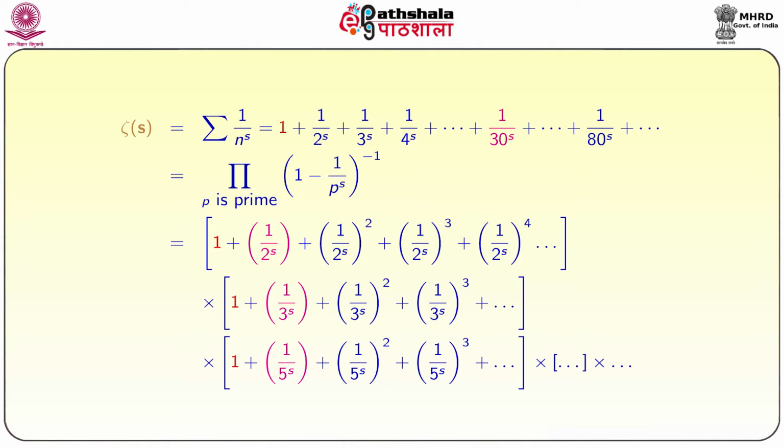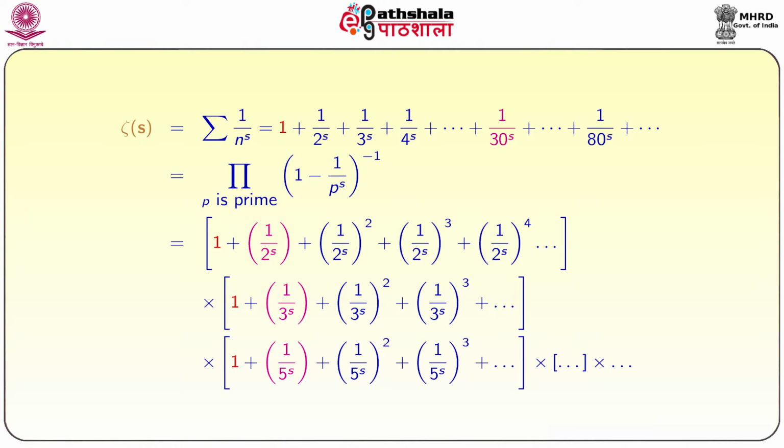Then, let us look at 1 by 30 power s. 1 by 30 power s can be obtained by multiplying 1 by 2 power s, 1 by 3 power s and 1 by 5 power s. Similarly, one can check 1 by 80 power s. Actually, these are equal because of the fundamental theorem of arithmetic. Every number greater than 1 can be expressed as a product of primes. Because of that, it is easy to see the Euler product is true.